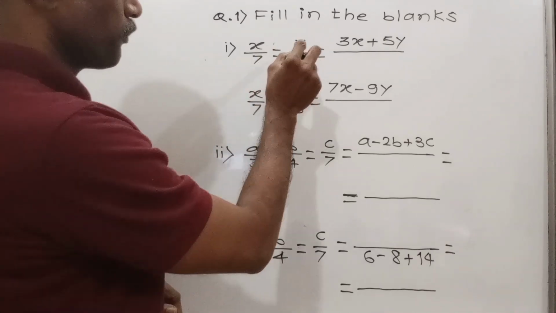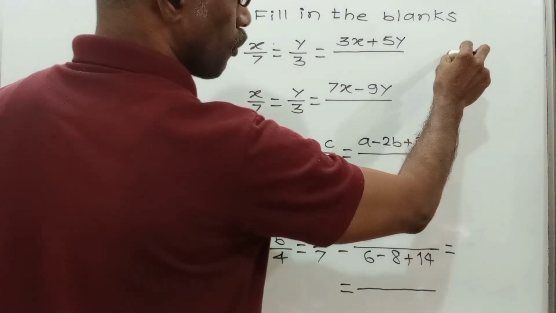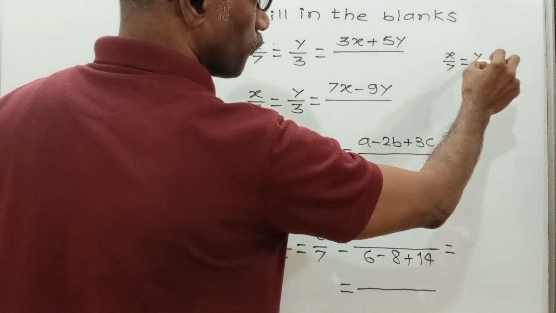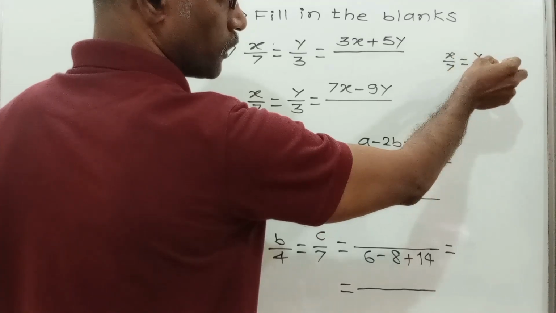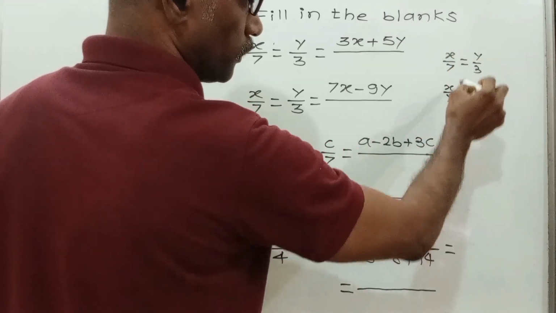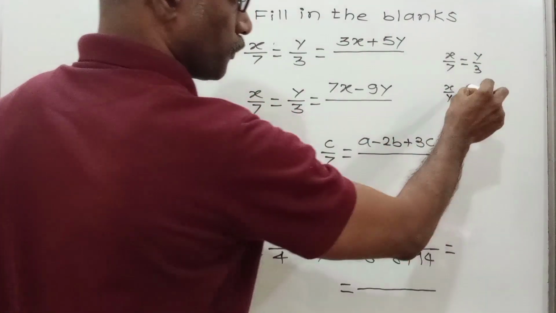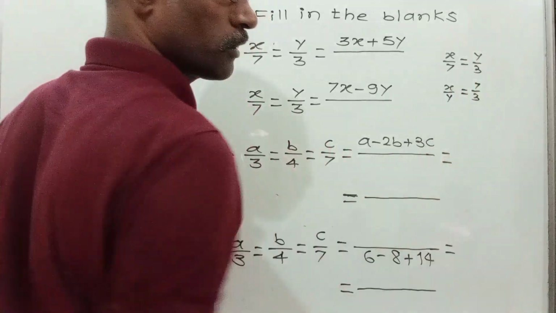x upon 7 is equal to y upon 3. Alphabetically x is first, then y. So we keep this 7 here and 3 here.